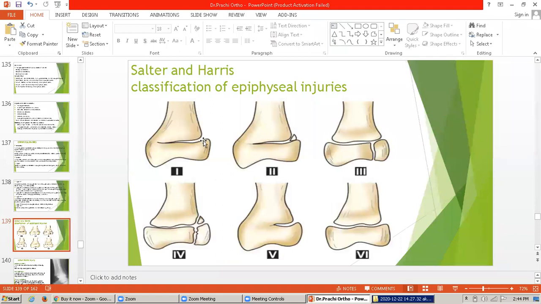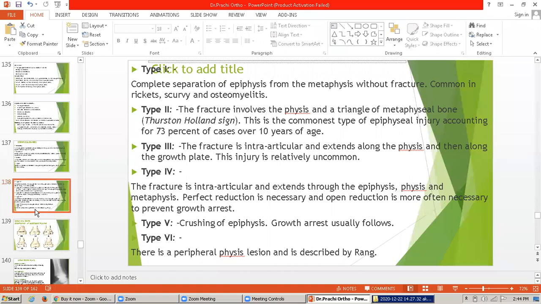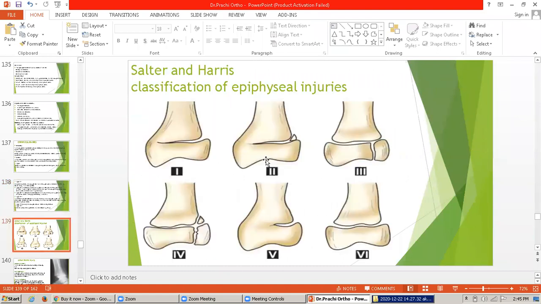So here we can see how there is a complete separation of the epiphysis from the metaphysis without fracture. This is the second, in which the fracture involves the physis and triangle of the metaphyseal bone. So here we can see how the fracture involves the epiphysis and metaphysis.